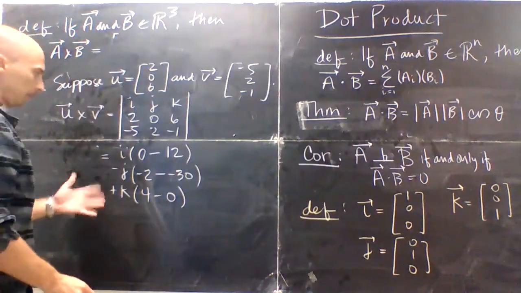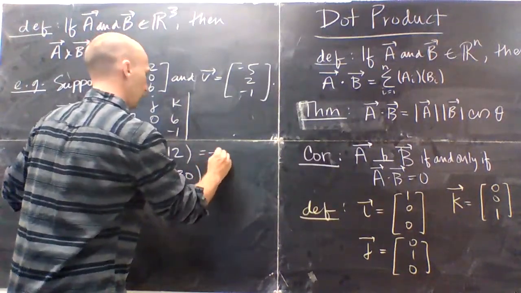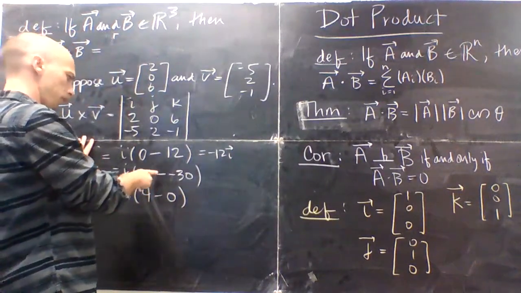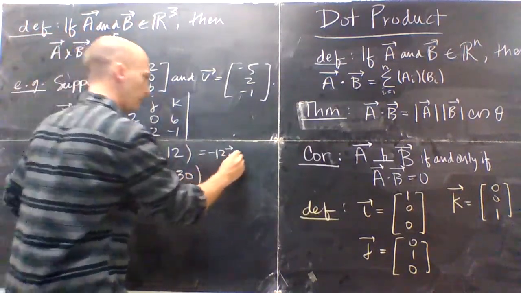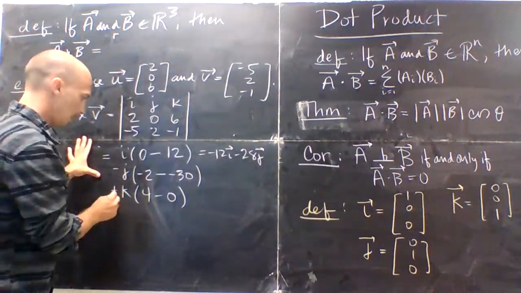If I was to add this all together, it is -12i. Okay, so this is -2 plus 30 is 28, so minus 28j because of the minus right here, plus 4k.